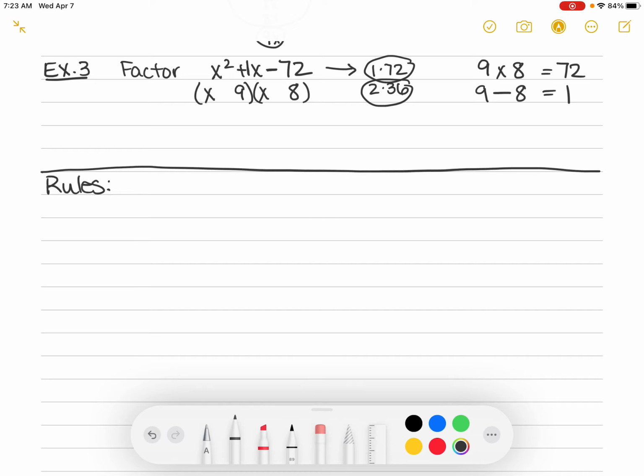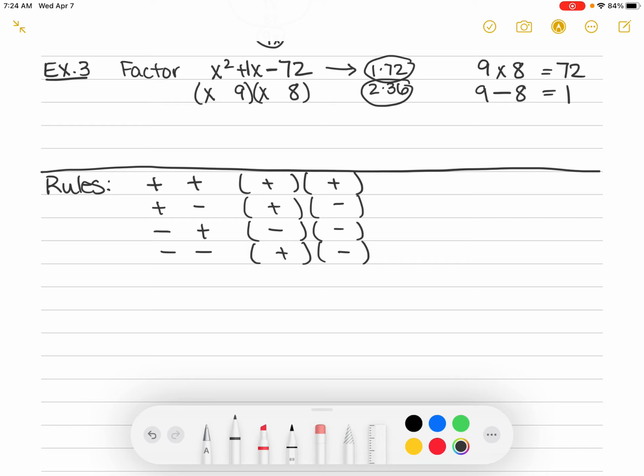If you have a plus minus, you're going to have a plus minus here. Minus plus, you're going to have a minus minus. And the last one, minus minus, is going to be a plus minus. I know these are confusing. This is for factoring and what goes in parentheses. We'll talk a little bit about why those work.